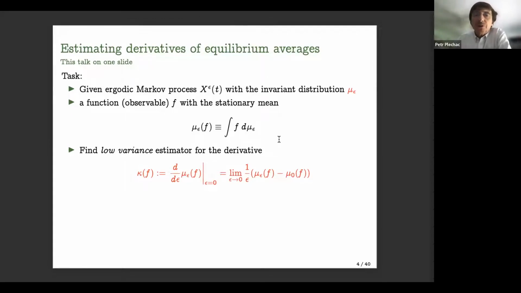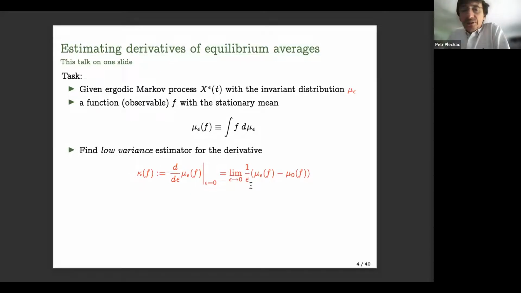In a mathematical formulation, we will look at an ergodic Markov process which depends on some parameter, epsilon, and it has an invariant distribution, which I will denote mu. And for a given observable, or given function f on the state space, we will look at the derivative of the mean of this observable, or the expected value, with respect to this parameter epsilon.